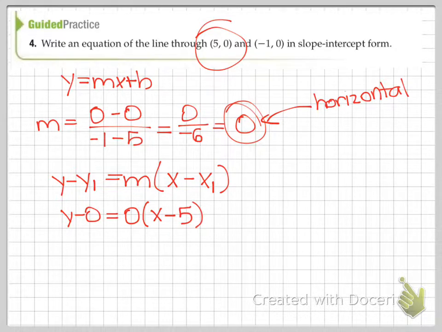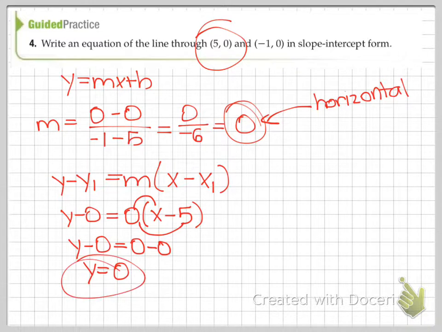So now I just need to solve for y. So y minus 0 equals 0 times x is 0. 0 times negative 5 is 0. So this becomes 0 minus 0. So y equals 0 is the equation of this line.